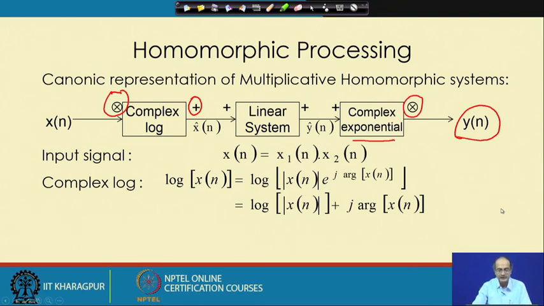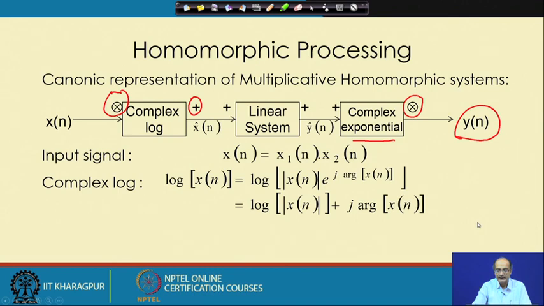If we take a complex number and take the log, what we have to do first is express that complex number as its absolute value and the angle associated with it, that is, in the radial form.